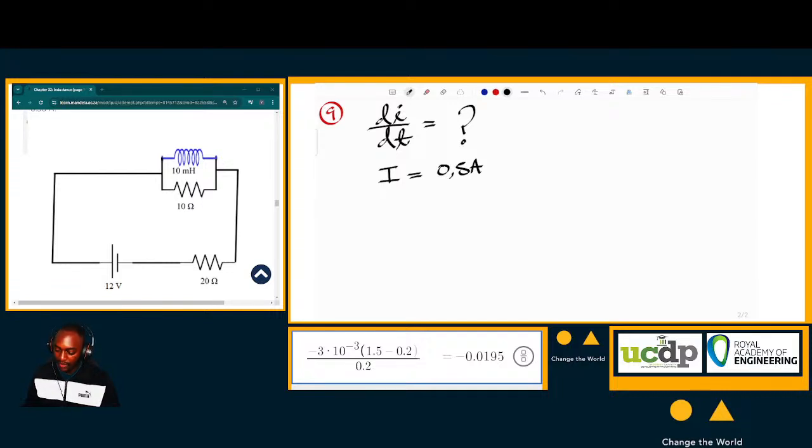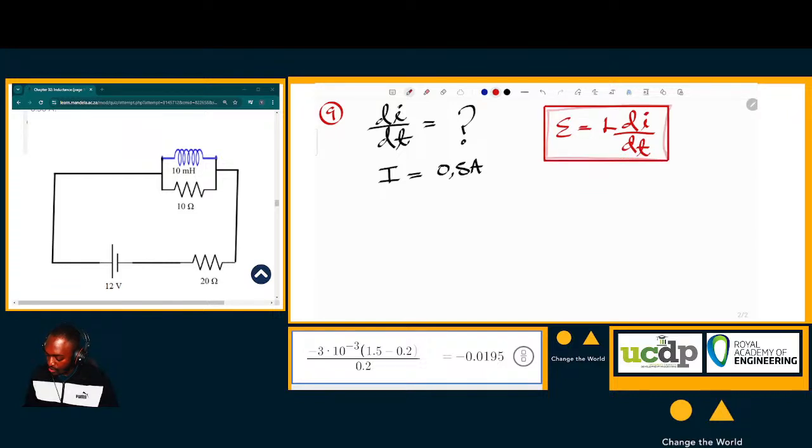All right. So earlier on we used the equation E equals L dI over dt. Now for us to be able to use this equation, we need the voltage across, or the potential difference across the inductor, so that we can appropriately use this equation.